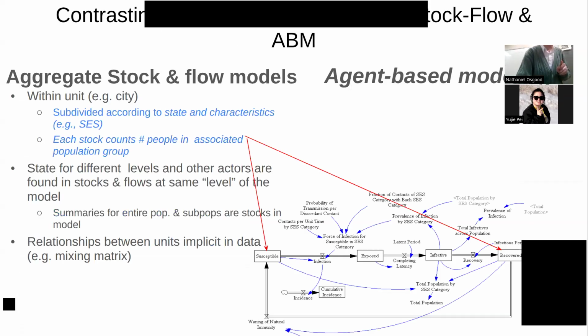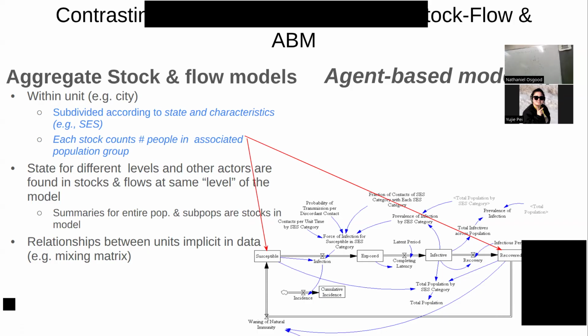So within an aggregate stock flow model, I hope it's starting to be clear to you that the organization of the model, the dividing up of the model into its constituent parts, is that we divide things into different stocks to characterize different states, right? Different characteristics.